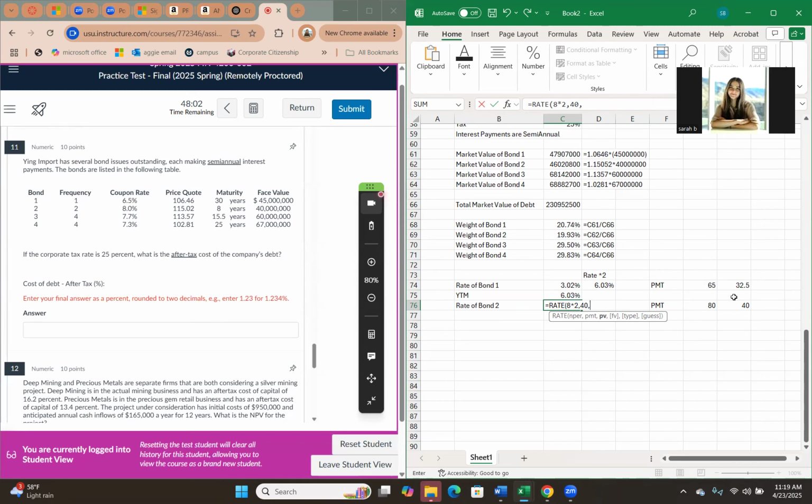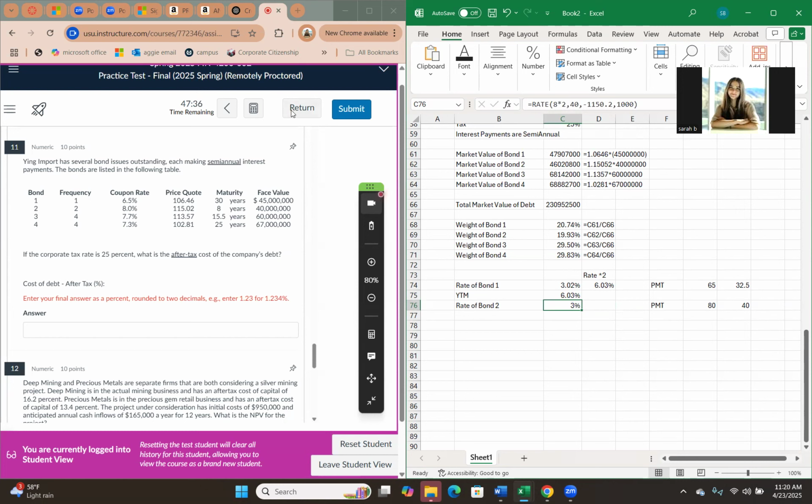Then our present value of the bond is going to be negative 1150.2. So what I've done there is the price quote. I've just moved the decimal over one place because those are in percentages. And then the future value is going to be 1,000.